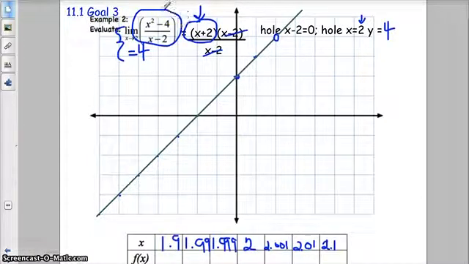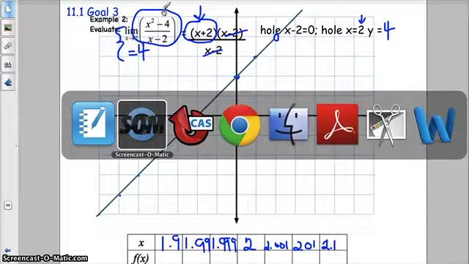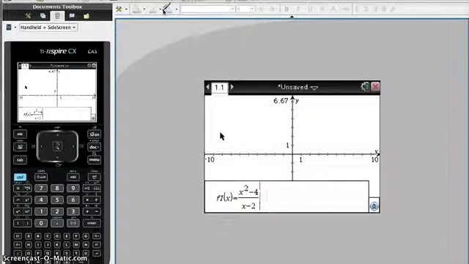Now, it's important that when you type the function into your table, you type the original function, not the simplified version. So add a graph, type in x squared minus 4 divided by x minus 2. If I'm ahead of you and you need to pause the screencast, go right ahead.